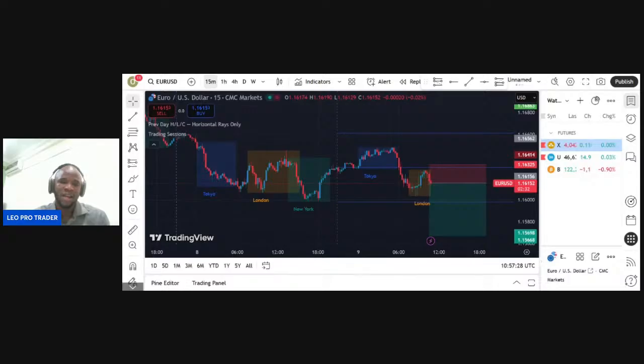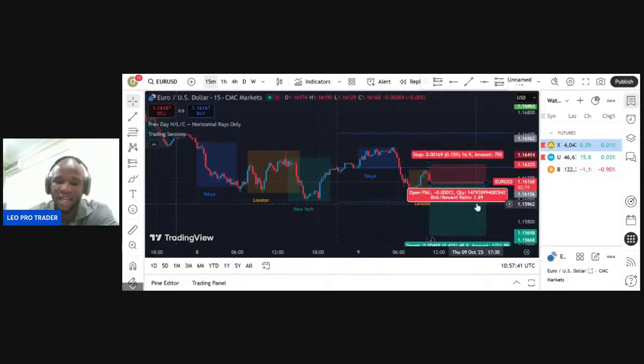So if I'm going into this trade and I'm risking $20, at the end of the whole thing this trade should give me $40, times two of what I'm risking. For the trade we are in now, it's almost times three. Look at the risk reward, it's 2.89. So if the market hits our take profit, we make almost times three of what we are risking.